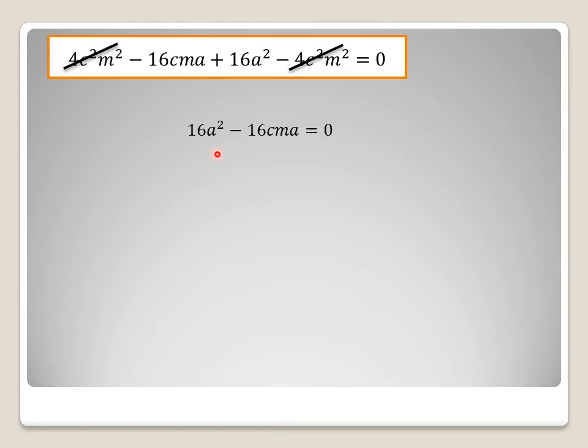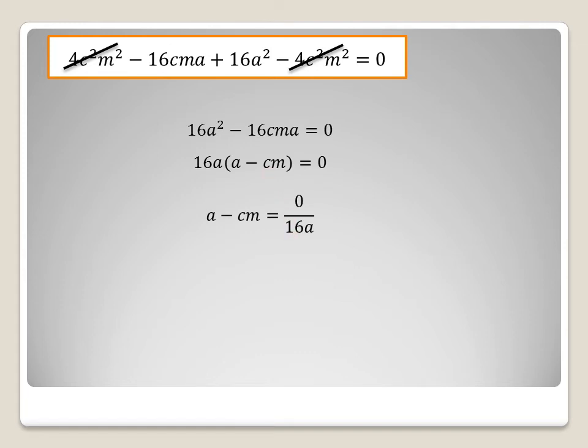Now what is common? 16 is the common factor, and for a² and a, we take the lesser power common, which is a. So 16a is common. Here a remains, so we will write it inside the bracket. Minus will remain the same and cm will remain the same.